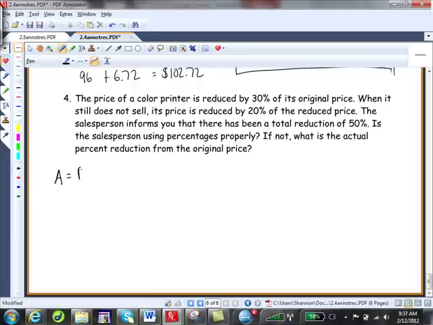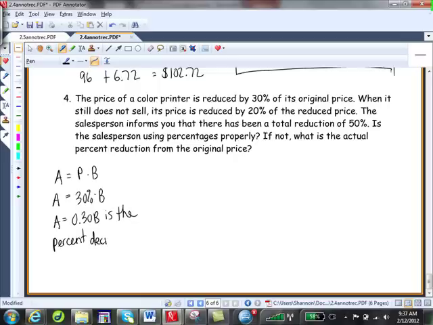A is equal to P times B. Now the percent of reduction is going to be what A is. So A is going to be 30% times B, where B is the original price. So this is the amount of reduction, A equal to 0.30B.